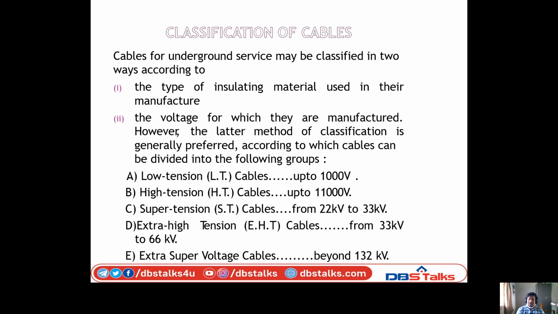According to voltage rating, as usual, the cables are classified as LT cables, HT cables, ST cables, EHT cables, and also extra super voltage cables. Now we go for each one with a construction figure.